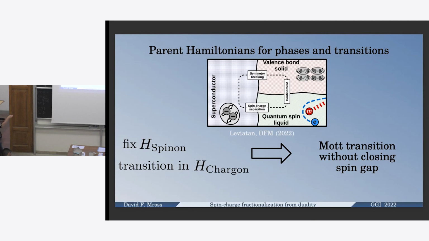So these types of models allow you to write them down, and you can be certain that as you tune some parameter, you get precisely those transitions you care about. You don't get something stupid happening in between, which may in principle then allow you to write down simpler ones, which you can, say, test in numerics.